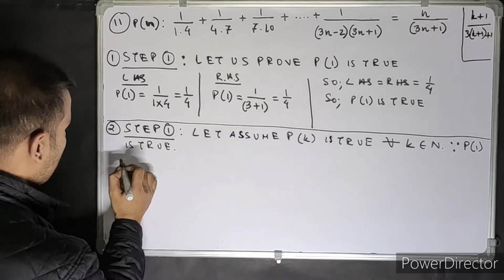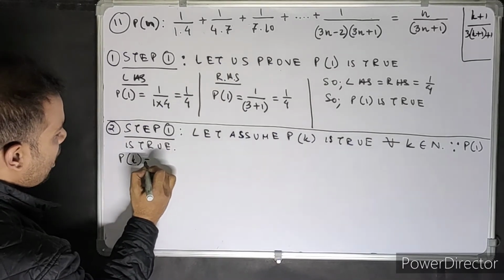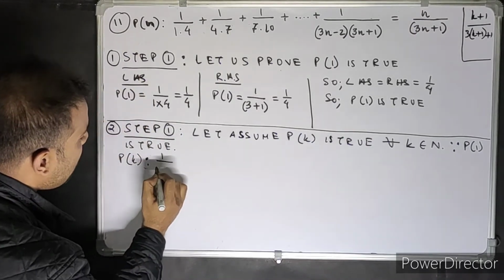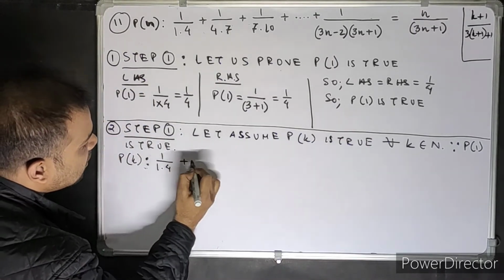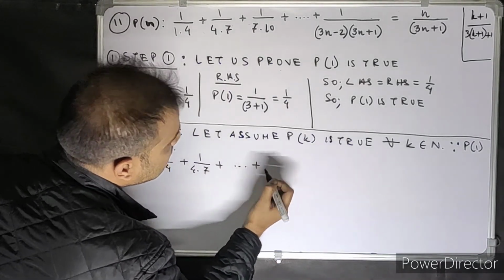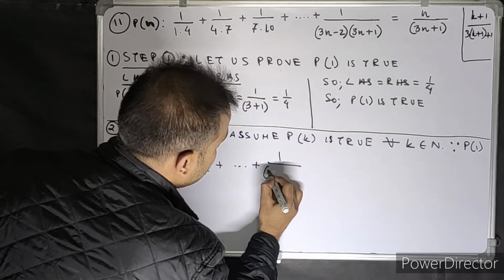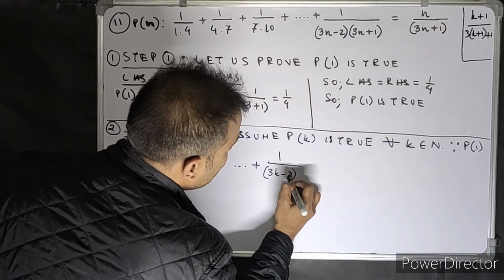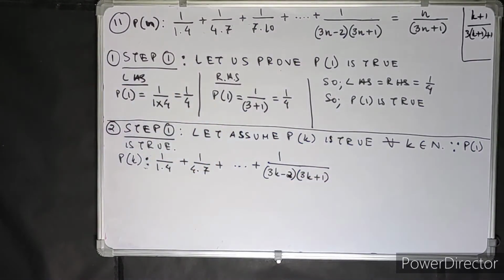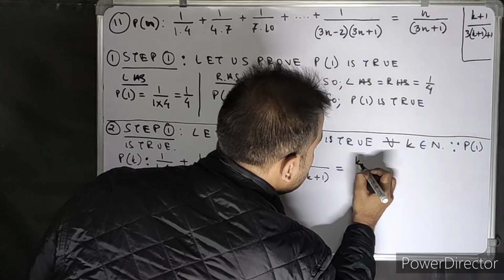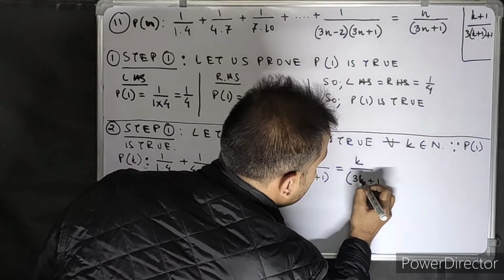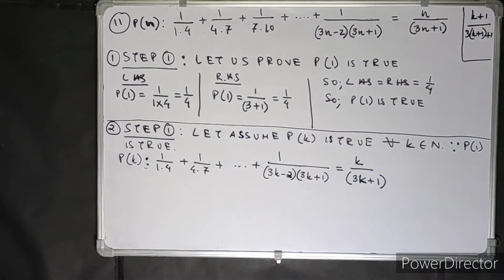So let's start. P of k will be what? Write it in the same way: 1 by 1 into 4 plus 1 by 4 into 7, don't write many, plus 1 by 3k minus 2 and this is 3k plus 1, is equal to k divided by 3k plus 1.